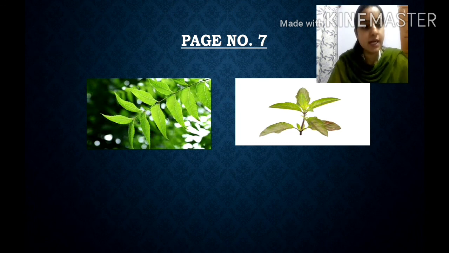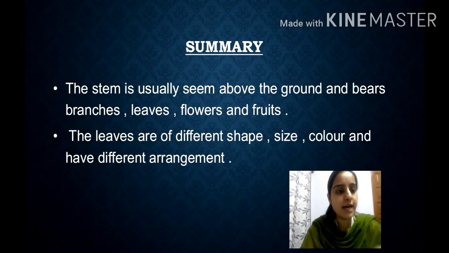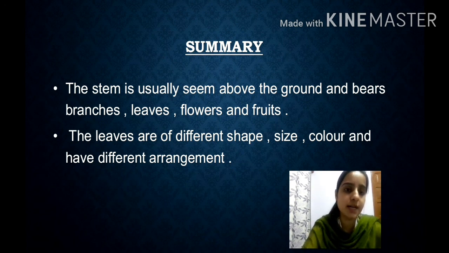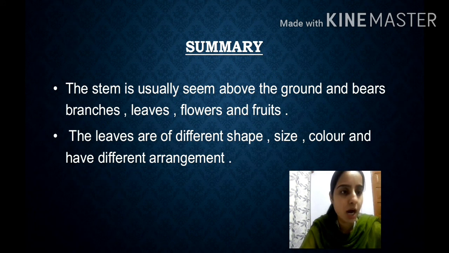So what we have studied, children, let's summarize what we have studied in today's class. The stem is usually seen above the ground and bears branches, leaves, flowers and fruits, isn't it? The leaves are of different shape, size, color and have different arrangements. So that's all for today, children.